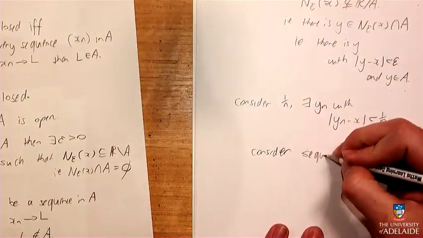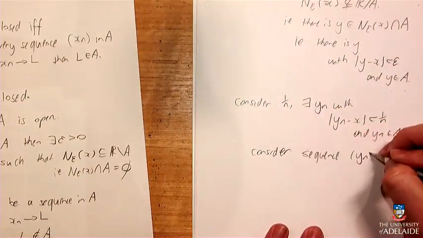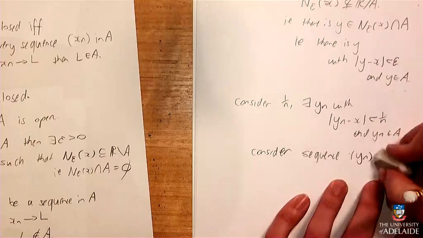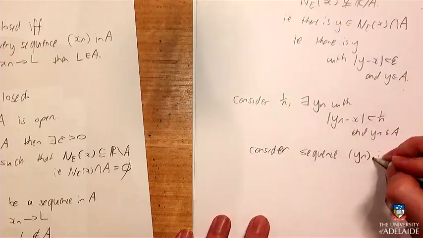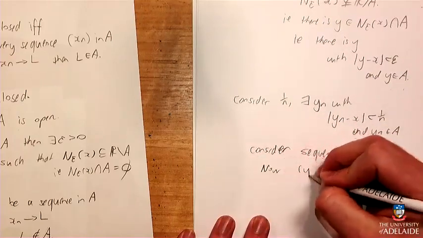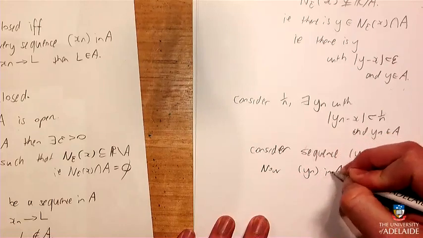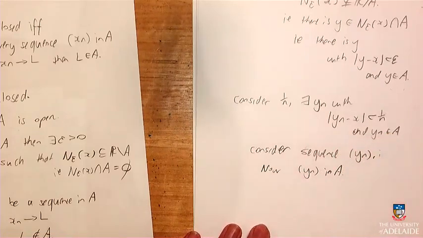Consider the sequence yn. Now, yn is in A. And if we can show that the limit of yn is x, which is not in A, then we're good.